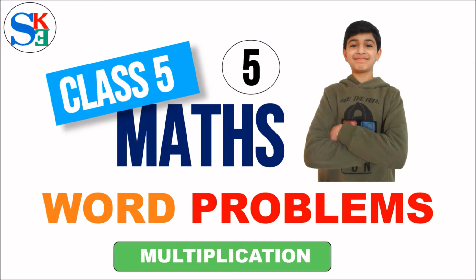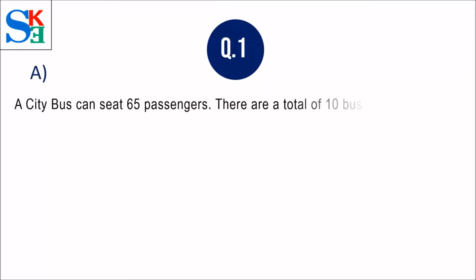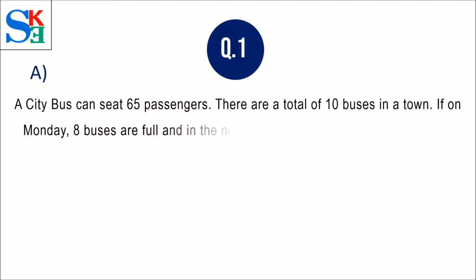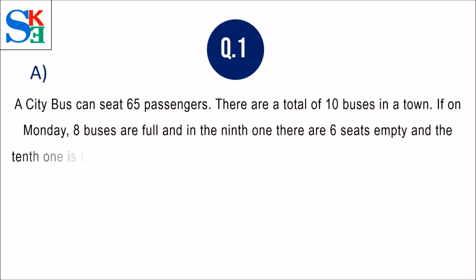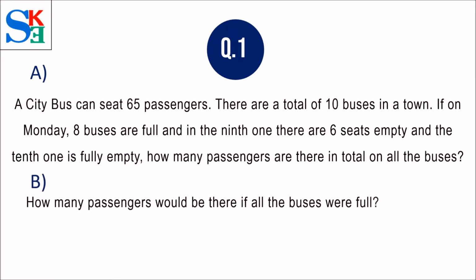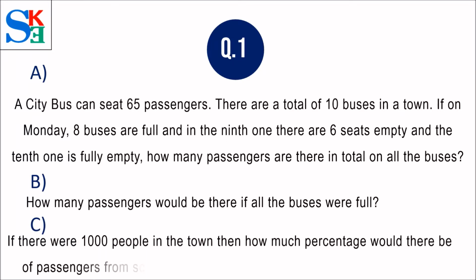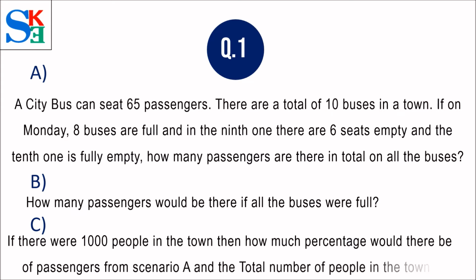So let's start. Okay, so question 1. A city bus can seat 65 passengers. There are a total of 10 buses in a town. If on Monday 8 buses are full and in the ninth one there are 6 seats empty and the 10th one is fully empty, how many passengers are there in total on all the buses?